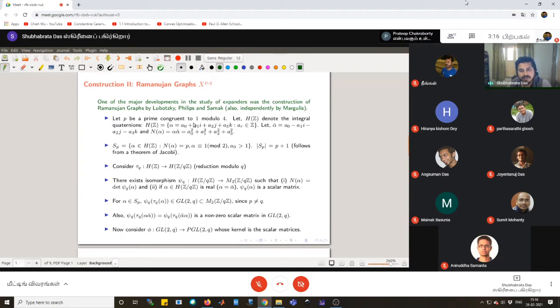So we take elements here and we just look at them mod Q.